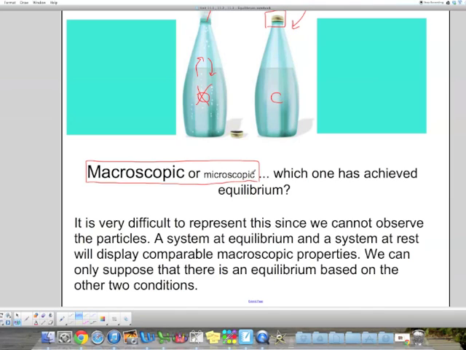So even at the microscopic level, we can't really observe anything. The quantities, the concentrations are not changing. So this is not really something that we can rely on in order to determine if a system is at equilibrium or if a reaction is just a one-way reaction and has stopped, is finished.